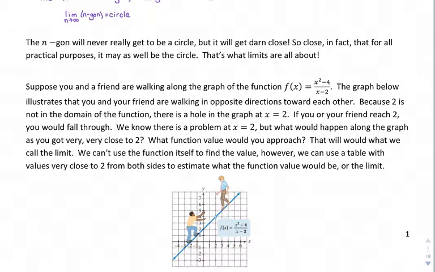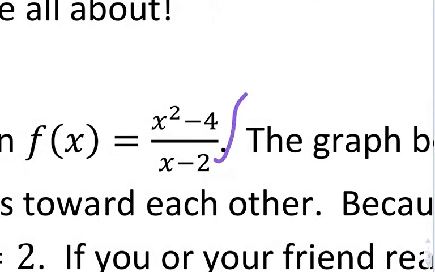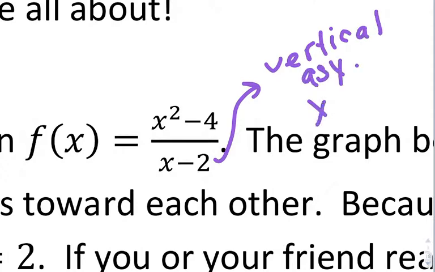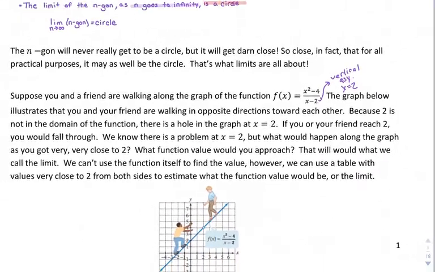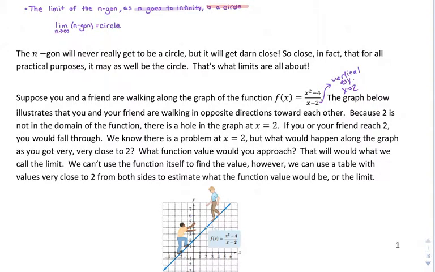Remember, 2 is not in the domain because this is a vertical asymptote, meaning that x equals 2 won't work in this graph because it's undefined. So there's going to be a hole in your graph at x equals 2. If you and your friend reach x equals 2, you would fall through the graph.